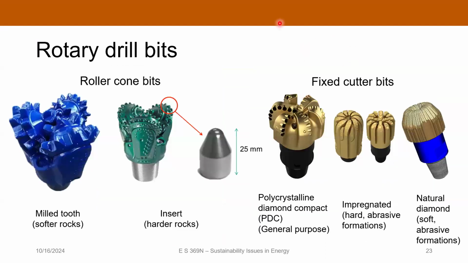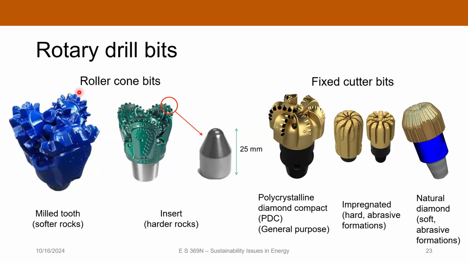Now, there's several different types of drill bits that you can use on these systems, and they fall into two categories. So there's what we call roller cone bits, which look something like this, and then there's what we call fixed cutter bits. So the roller cone bits look like this, and they've got these cones on them that can rotate independently of the rest of the drill string.